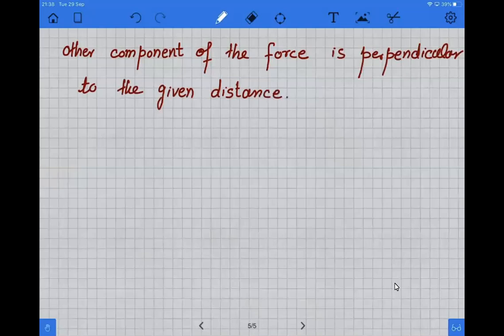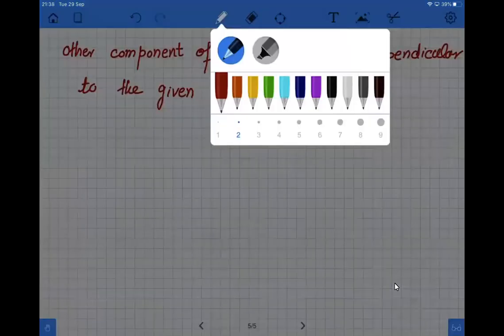Now the next step would be ignore the component of force that is along the distance.